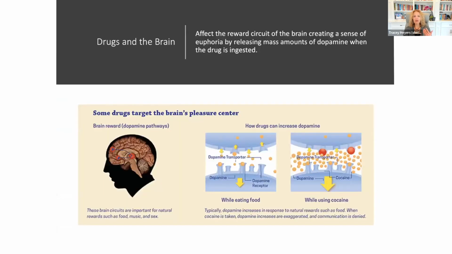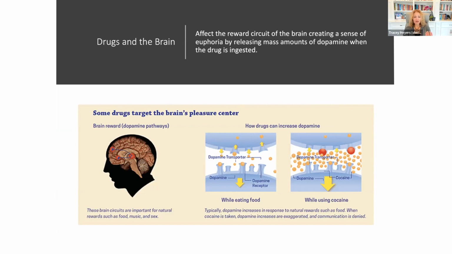So the effect of the drugs in the reward circuit of the brain is one of the most challenging things to overcome when someone has a substance use disorder. Initially, in the early stages of substance use, the brain creates a sense of euphoria. And we've seen this happen with the opioids, which is why opioid dependence has become such a public health crisis, because it doesn't take long for these drugs that target the brain's pleasure center to rewire and change how the brain responds, right?